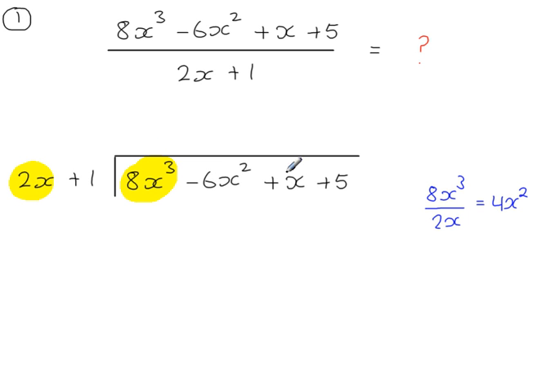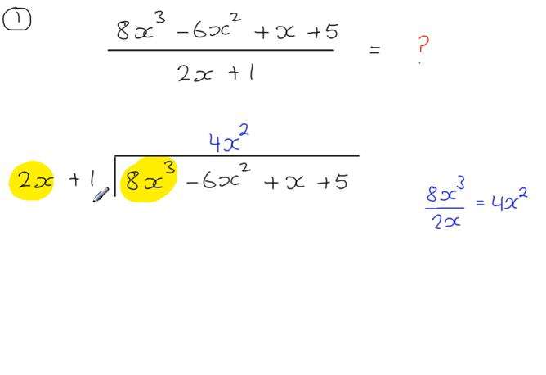The way we lay out the solution is that the x cubed terms go in this column, x squared terms here, the linear terms here, constants here. So 4x squared will go here. And then multiply the term that we've just written here with 2x plus 1, so with all of this.